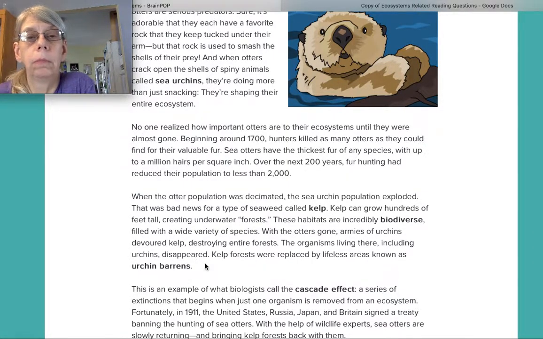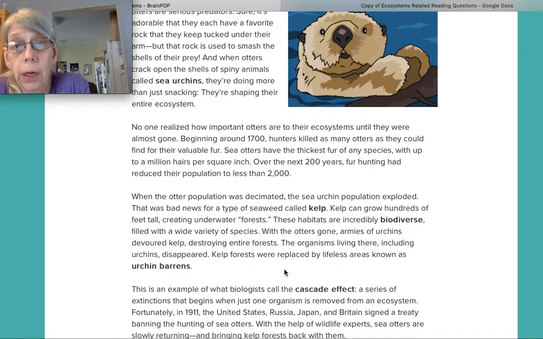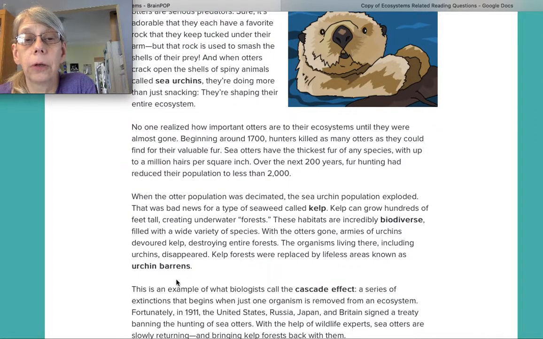Then the organisms living there, including the urchins, disappeared because once some urchins ate up all the food, they either died or had to move on and look for more. So even the urchins are gone. Kelp forests were replaced by lifeless areas known as urchin barrens.